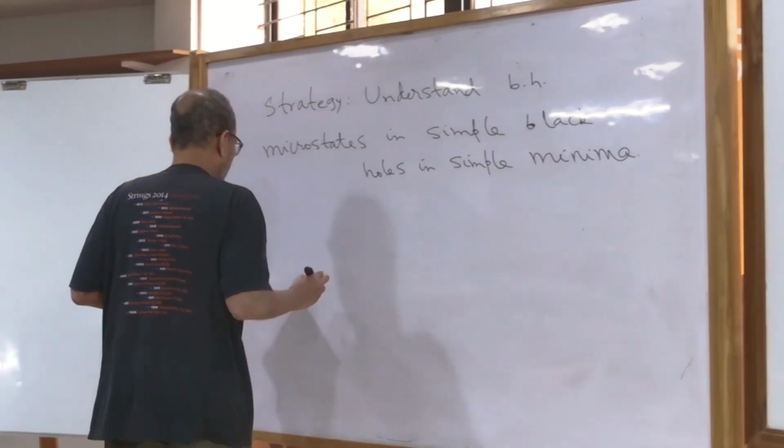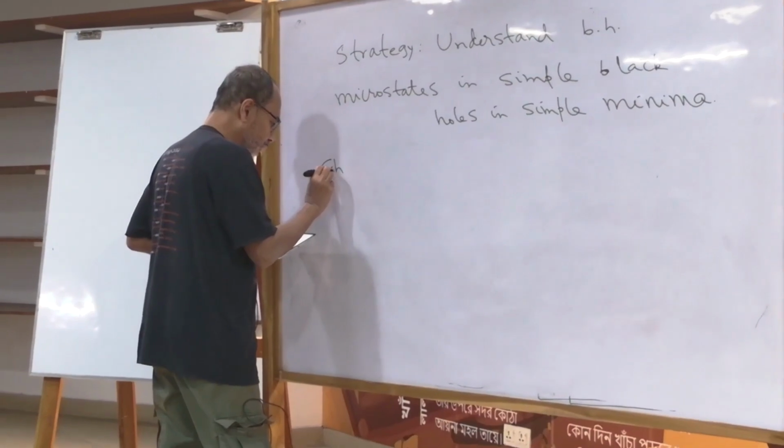Okay, now it turns out that the Schwarzschild is not the most convenient kind of black hole to study.